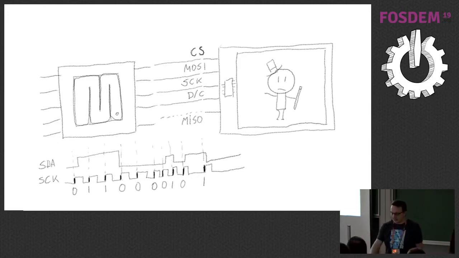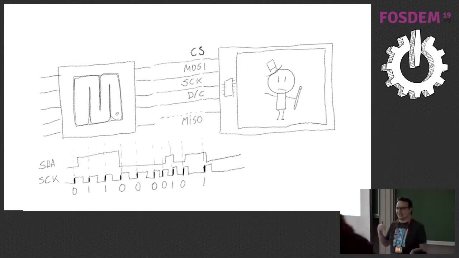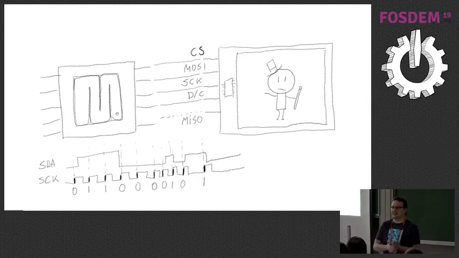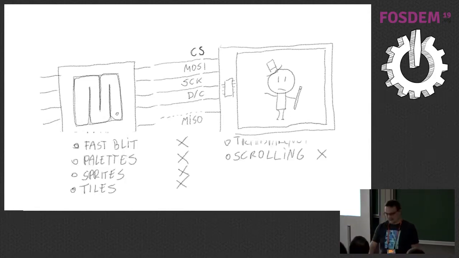Like in case of the ESP8266, the clock rate is 80 megahertz. That means you can send 80 million bits per second, which is quite nice, especially if you are trying to play graphics on like display high frame rate video.